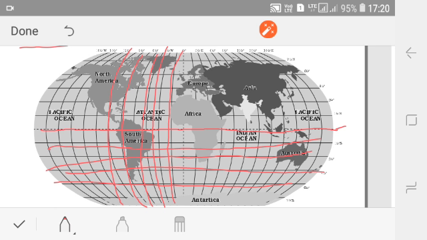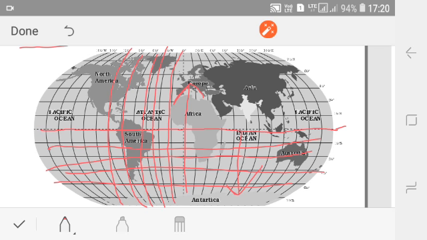The area above this equator is called northern hemisphere, and the area below this equator is called southern hemisphere.